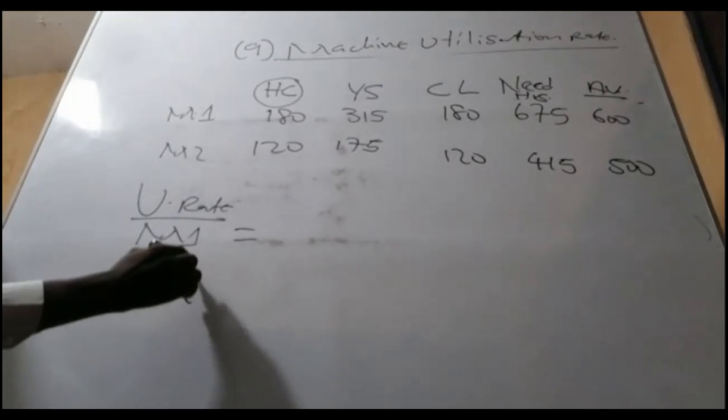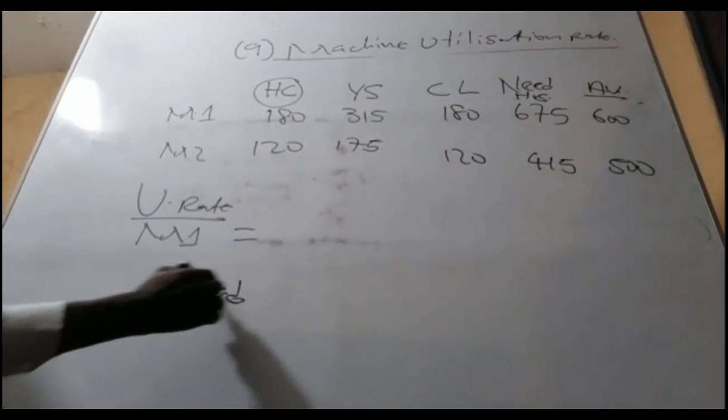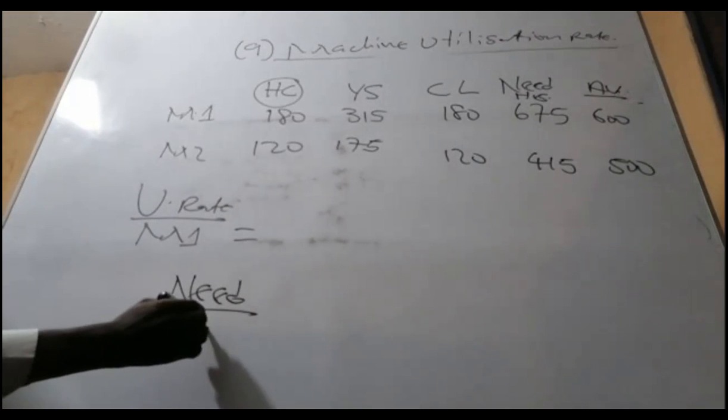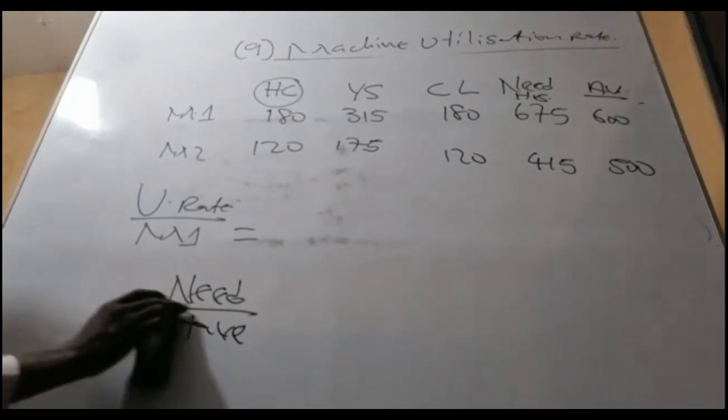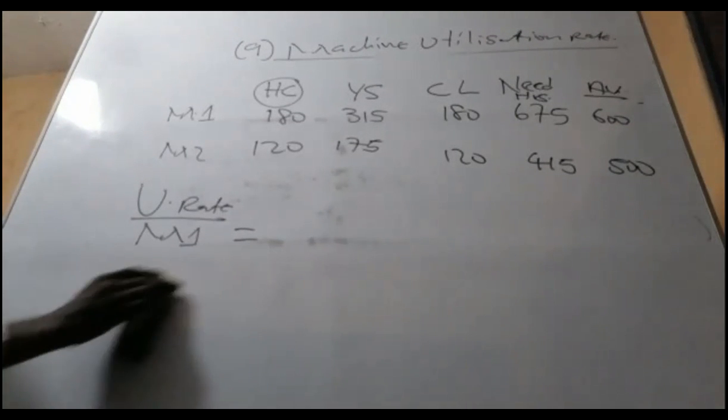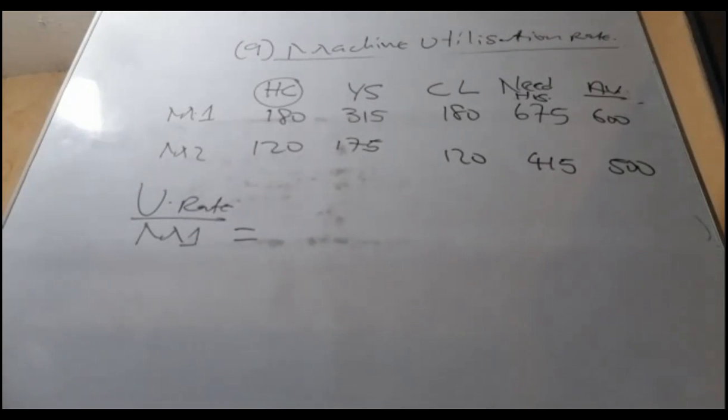So divide the requirement, that's what you need, by what you have, the available, and then you are done. So that's how you calculate the utilization rate. In fact, in exams, if we're unable to calculate it, don't worry. The final answer will determine which of these resources is a limiting factor. You can clearly see that one of them is a limiting factor.